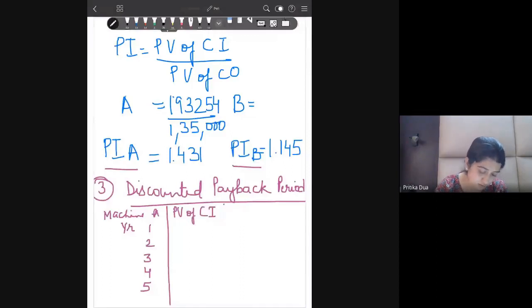Okay. So please give me the values. Please share the values since you people have calculated.